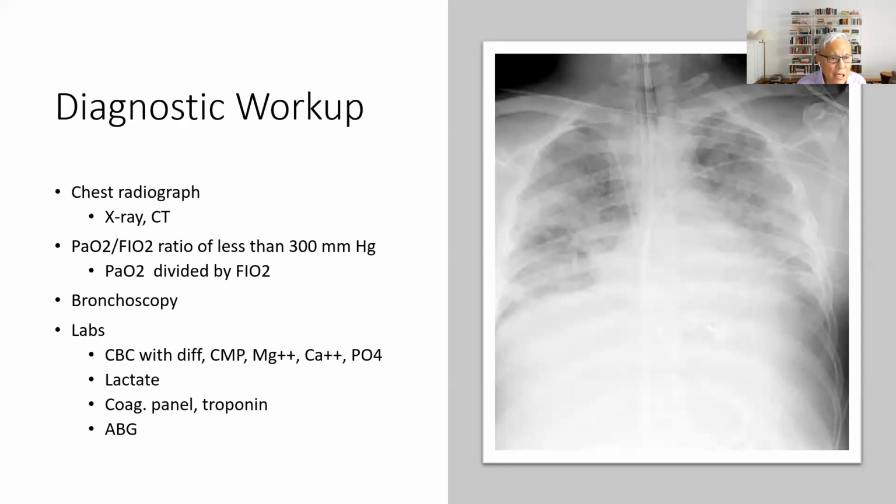And of course, to see the precipitating event of infection: CBC with differential, CMP or complete metabolic profile, magnesium, calcium, phosphorus, lactate. All those are going to be very important, including your coagulation panel, troponin, and your ABG. So all these are going to be relevant so that we can manage the patient during the acute phase of the disease.